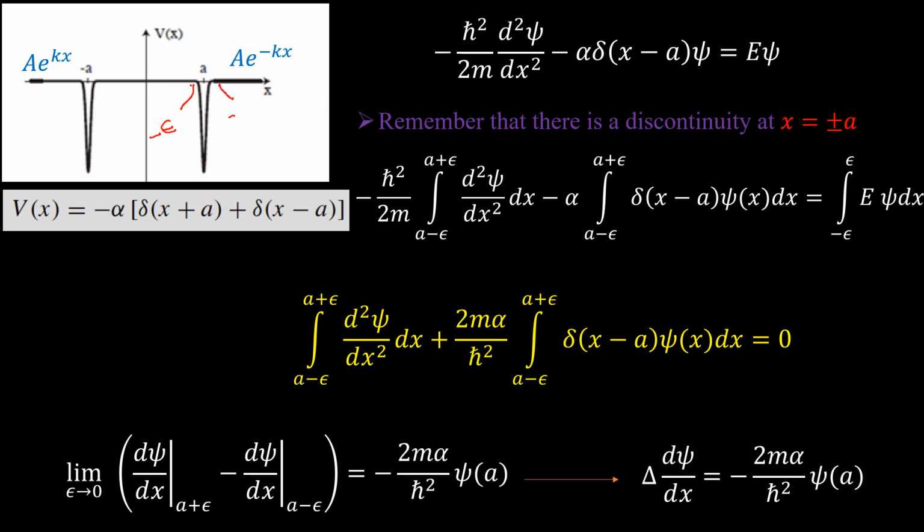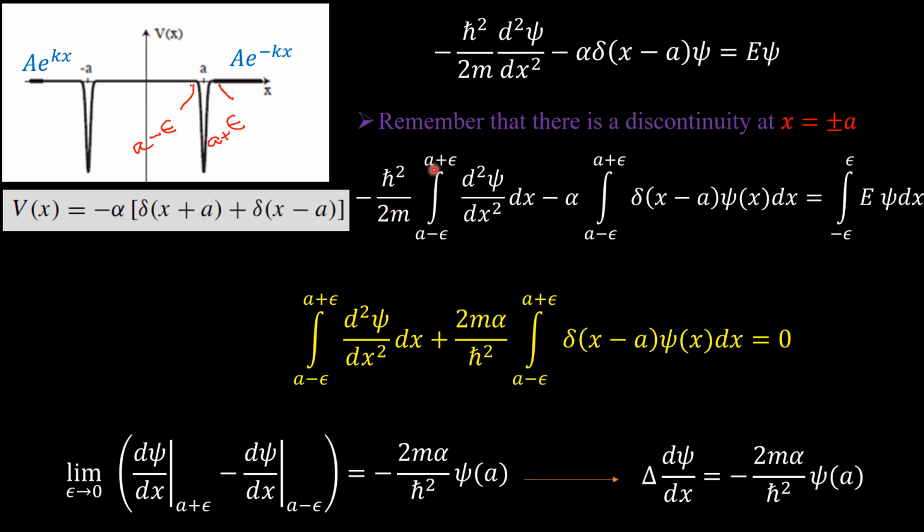From A, it is minus epsilon; in fact, this can be correctly written as A minus epsilon, and this is A plus epsilon. Epsilon is very small, it tends to 0.